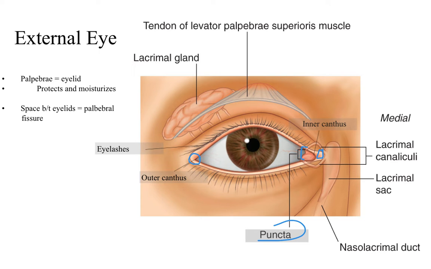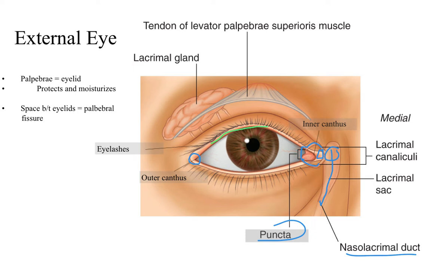You can see the ducts, the lacrimal canaliculi, coming here, joining into the lacrimal sac, and that's where tears are going to drain. And remember, the tears draining into the nasolacrimal duct are going to empty into the inferior meatus of the nasal cavity.